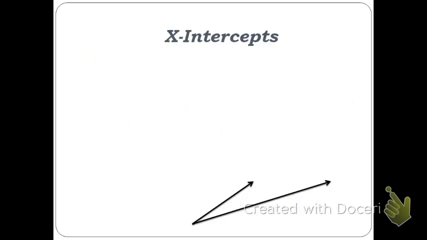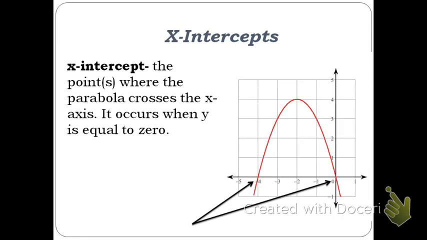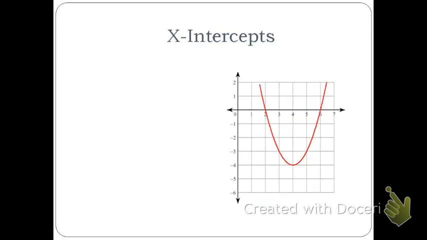Okay, moving on to x-intercepts. Those are the points where the parabola crosses the x-axis. Sometimes you'll be able to identify two exact ones. If they're exact, for now, I will have you identify them. If they don't fall perfectly on points, then I just want you to identify the exact values.